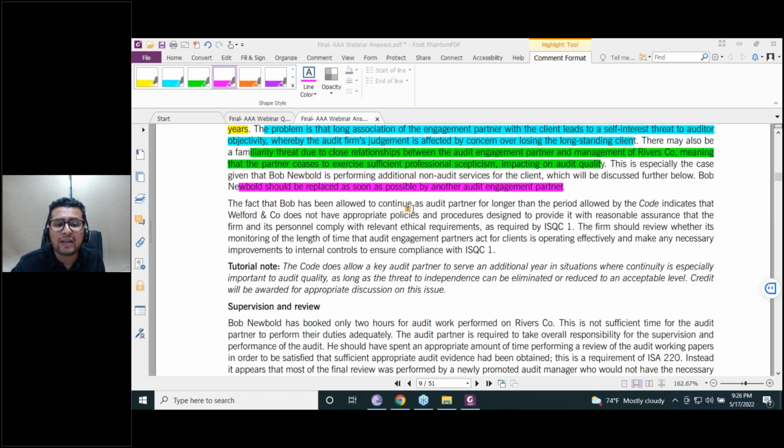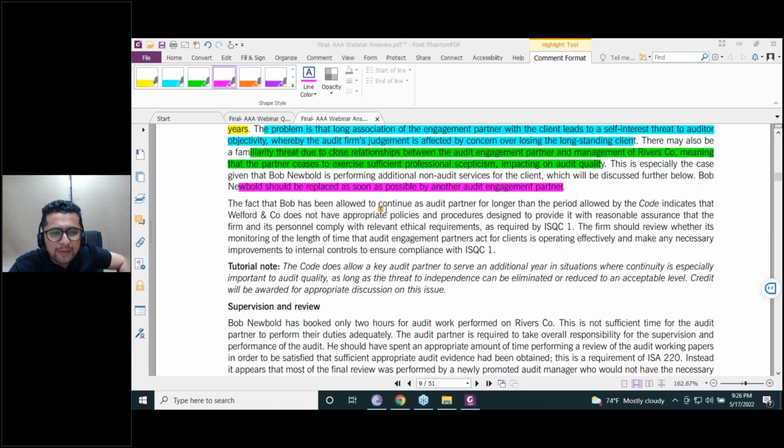Why did they not have policies and procedures to evaluate whether a particular person is involved for more than 7 years? Why did they not have a systematic method? Why did they not evaluate this issue earlier on? So this is a quality control issue, and this is a compromise on quality, which could lead to a compromise on the audit opinion. So there is potential for another mark. Congratulations. Let's read the next paragraph.